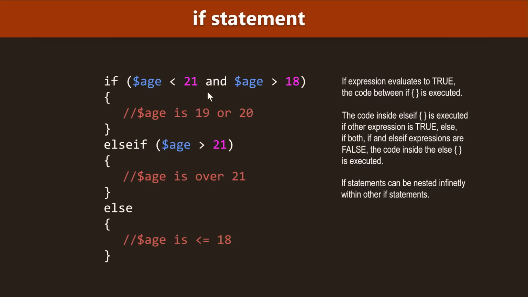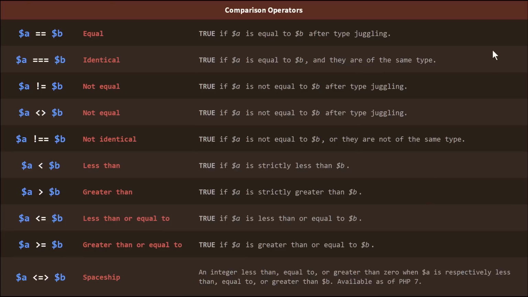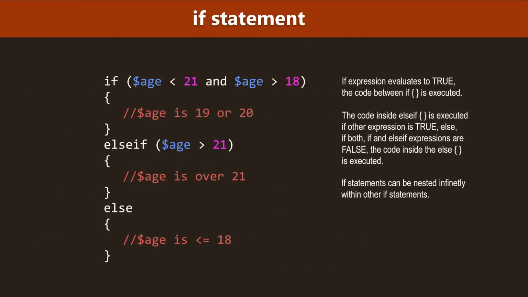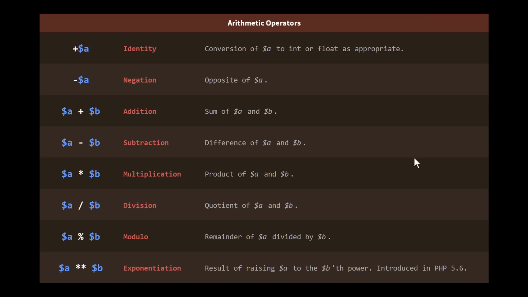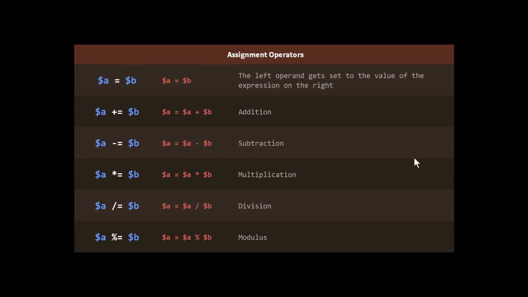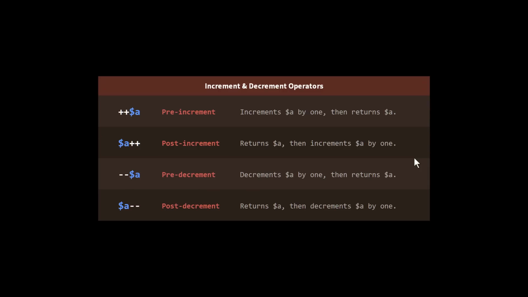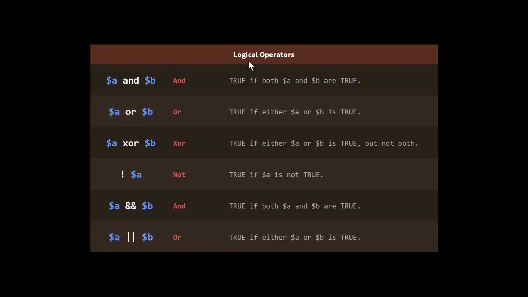The and operator is called the logical operator. So and is true if both A and B are true.